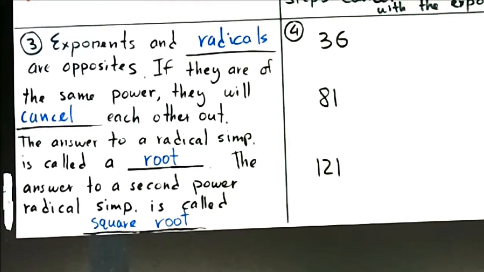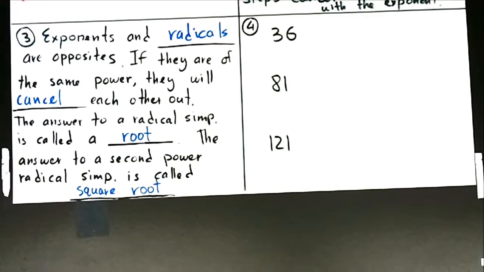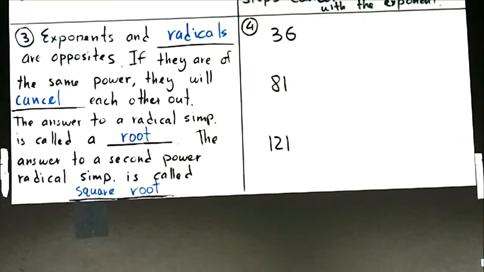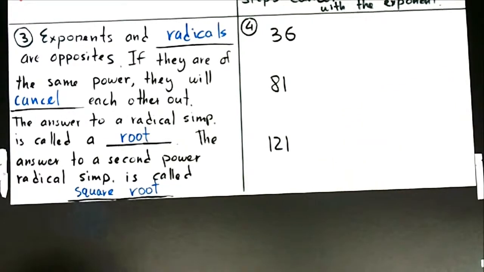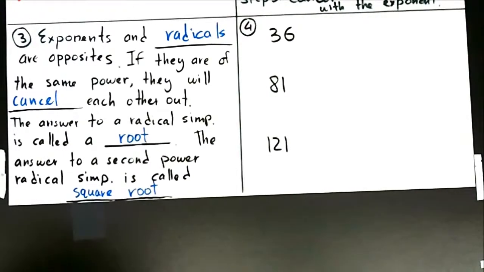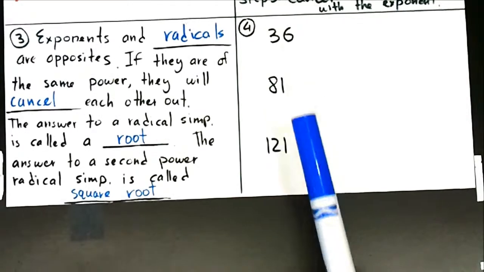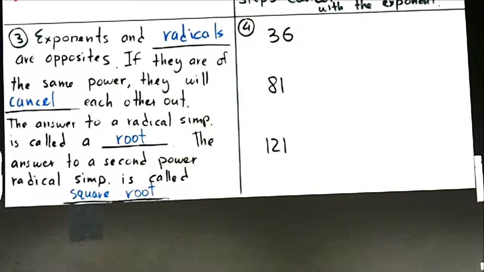Questions on number 3? Alright, let's take a look at number 4 then, which is on the bottom right corner for me, or right here. And here you are asked to find the square root. So can someone tell me what should be the first step for all of these problems, all 3 right away? What should I do first?